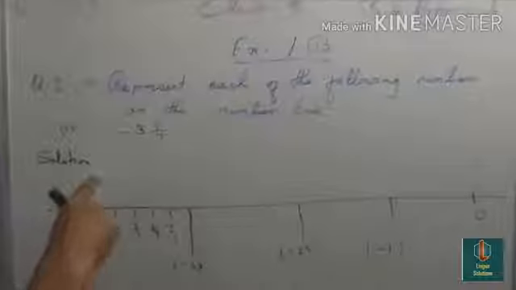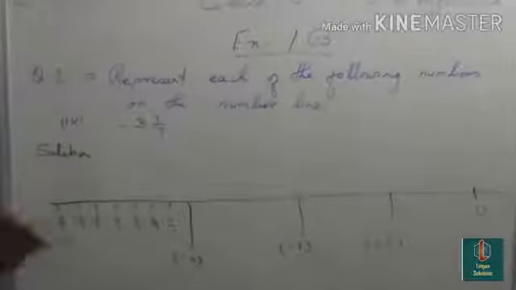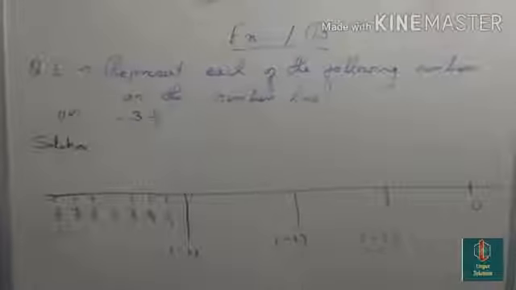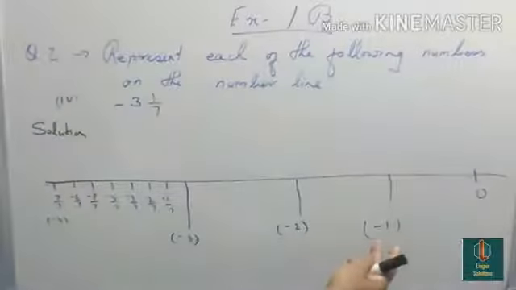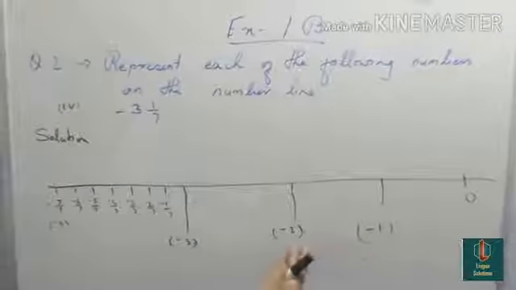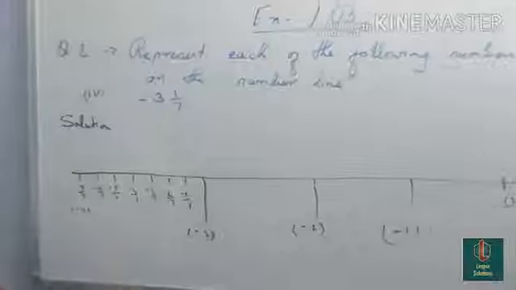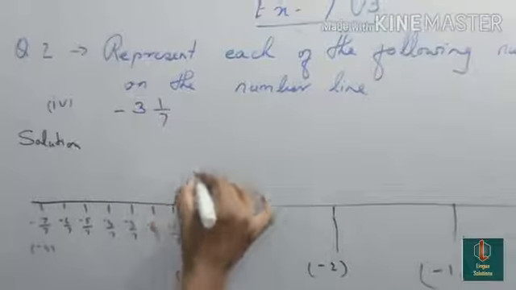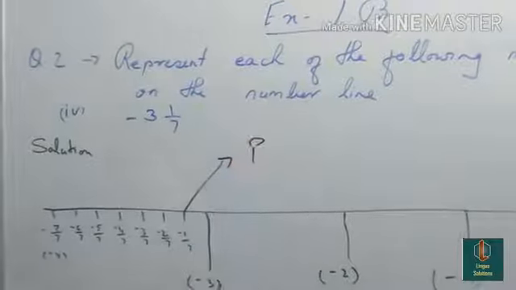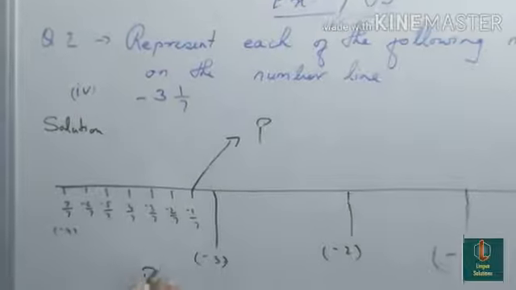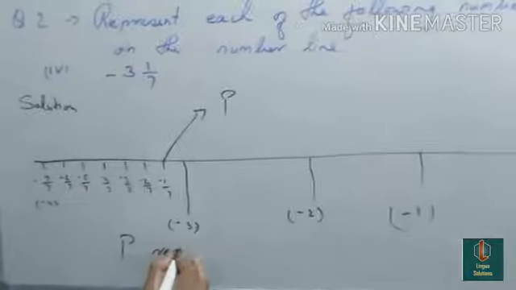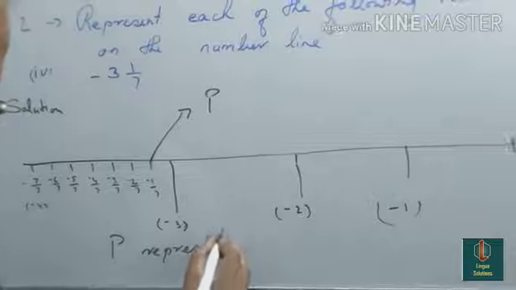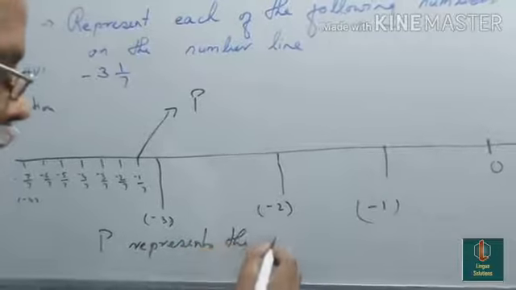We have to show minus 3, 1 by 7. So on the number line, marks all are indicated in negative, -1, -2, -3. Now 1 by 7, it is here, mark it as P. So P represents the number.